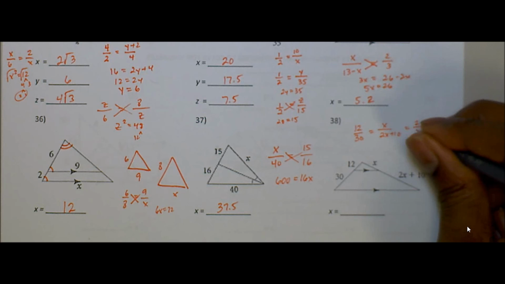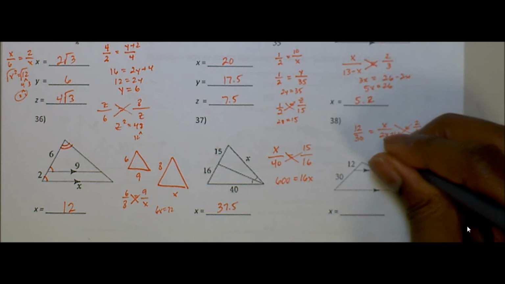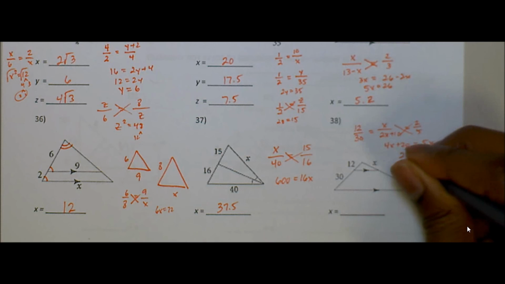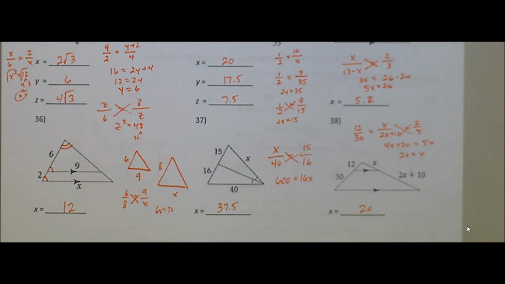So I'm going to use 2/5. Cross multiply. 4x plus 20 equals 5x. So subtract 4x from both sides. X equals 20.